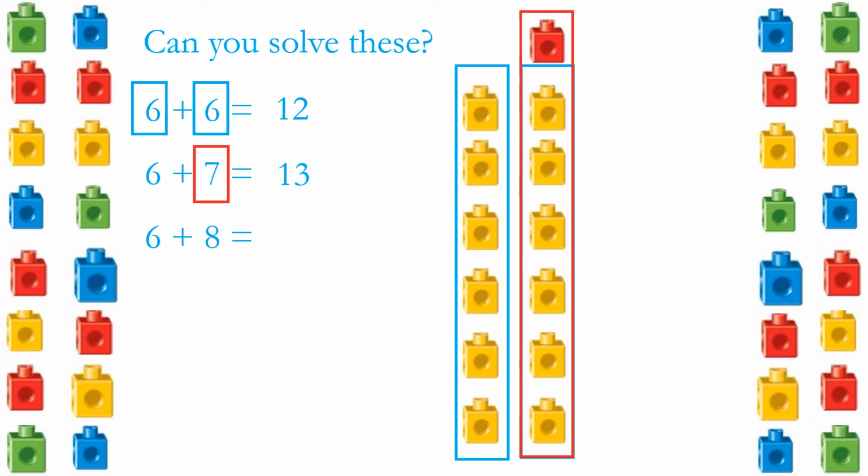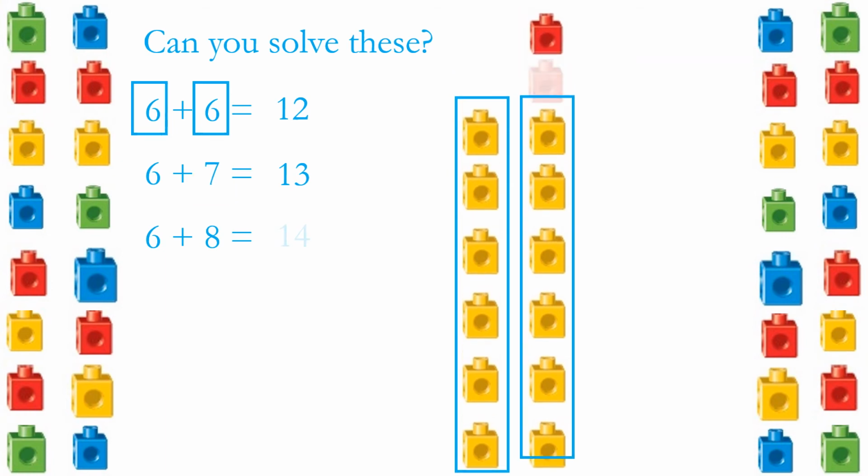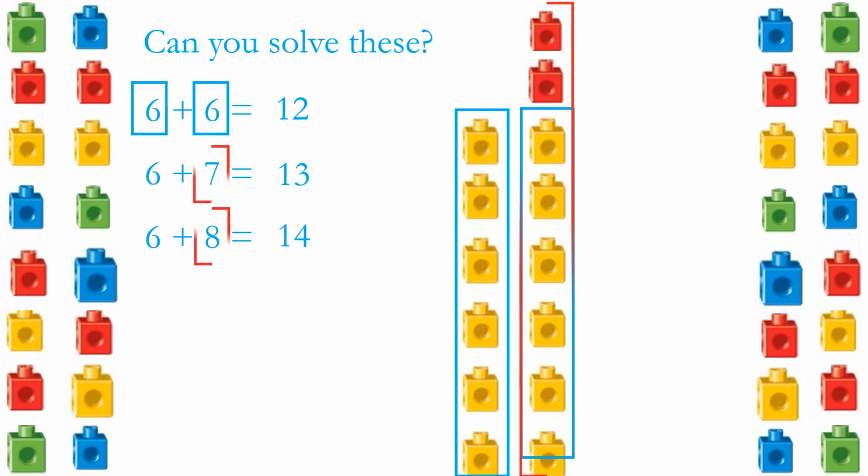Right? We started from 6 plus 6. We didn't have to go all the way back. And now that we know this near doubles fact, 6 plus 7 equals 13, it should be pretty easy to figure out what the next one is. 6 plus 8 is 14. Because look at the yellow ones.